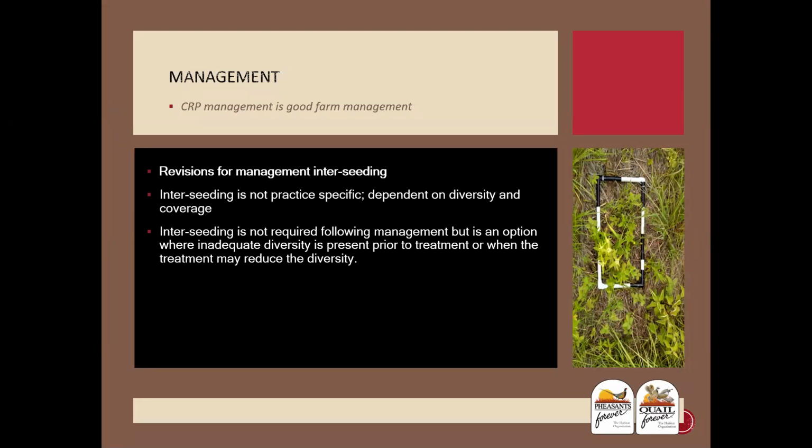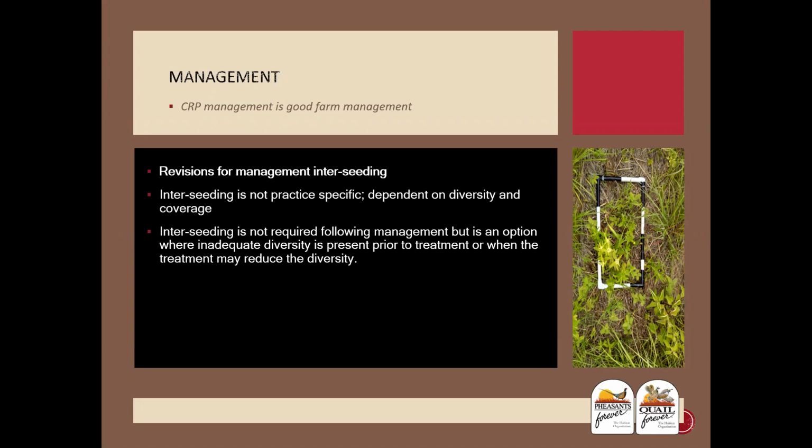So interseeding is not practice specific. It can go through a lot of your upland or grassland practices, such as CP33, 42. So that'd be your field borders, pollinators, even with the new prairie strips, it is always an option out there.